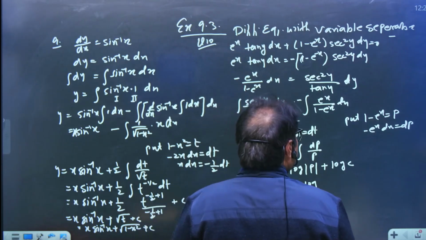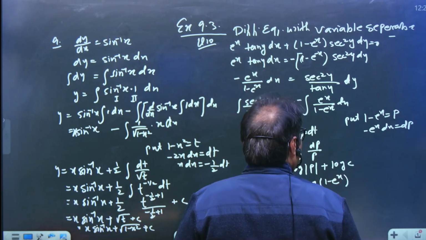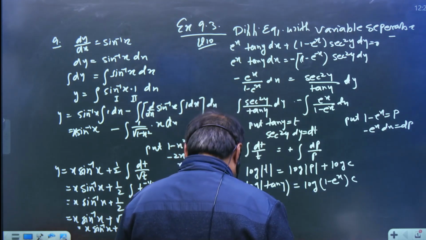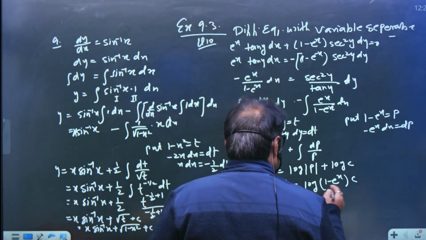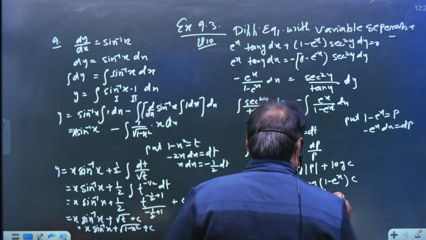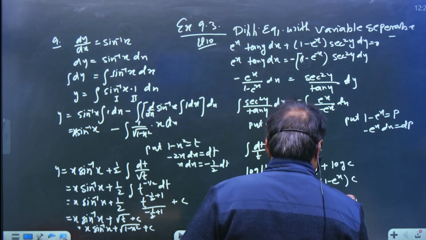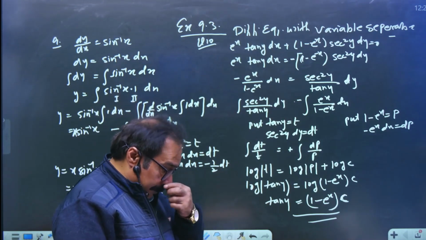The value of p is 1 minus e raised to the power x into c. So remove log from both the sides. So finally it is tan y is equal to 1 minus e to the power x into c, and this is the final answer of this question number 10.